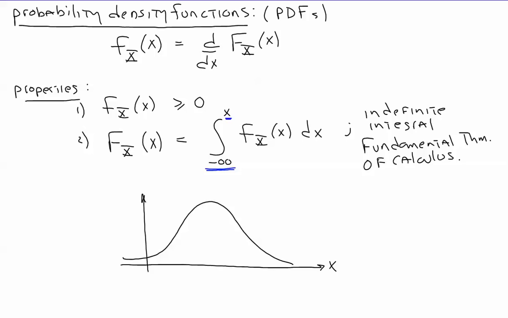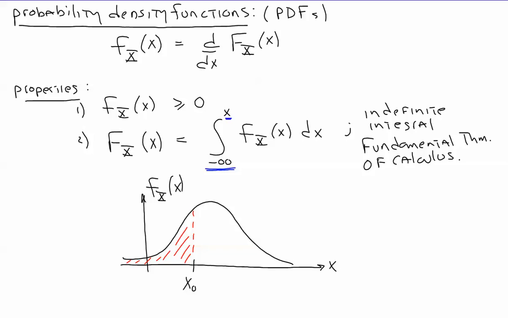let this be my probability density function for x, and let's let this point be a value x naught. If I integrate from minus infinity up to point x naught, I get this area.